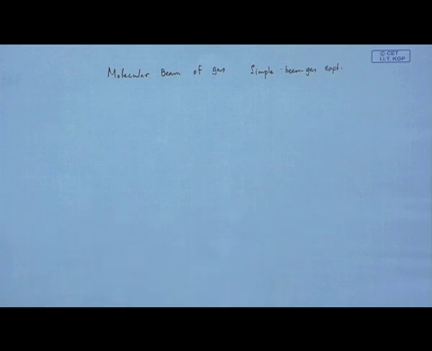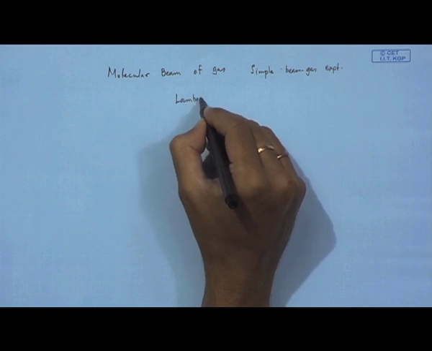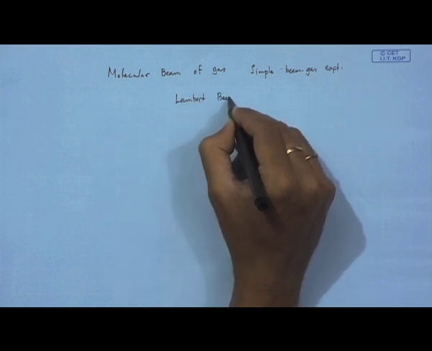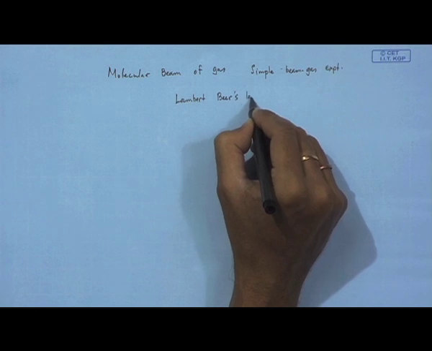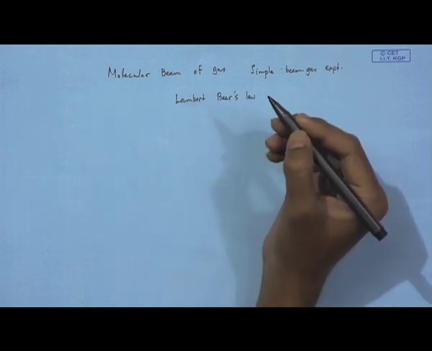Okay, you have to make use of something like Lambert-Beer's law. The law states that, like a chemical reaction, you have to make use of the similarity between your chemical reaction and a physical process.